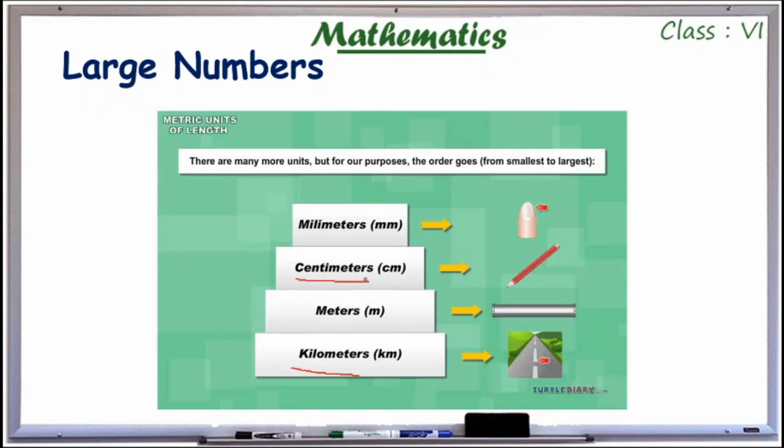For measuring minute things, for example the length of our nail, we use millimeter, and for measuring the length of buildings we use meters. So every unit has an appropriate use. To measure length or distance we have four units: millimeter, centimeter, meter and kilometer.